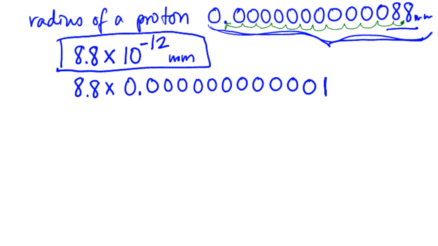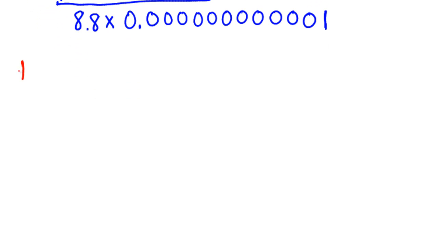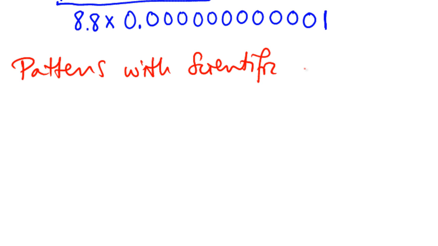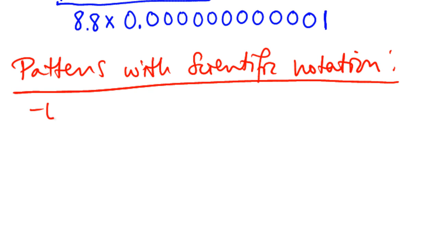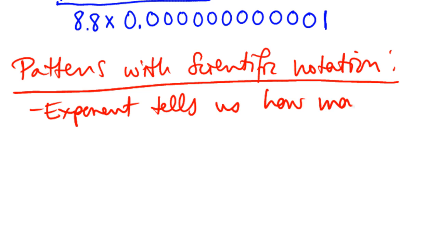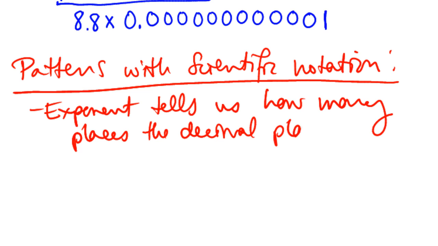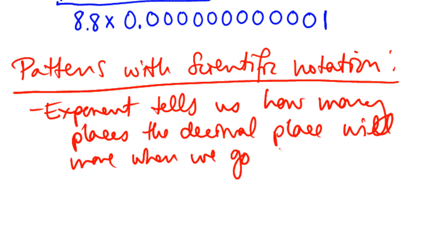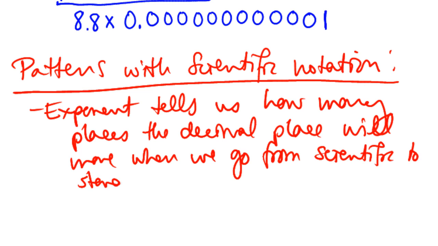Well, notice fundamentally the pattern that we see here: we notice that the exponent tells us how many places the decimal place will move when we go from scientific to standard notation, or vice versa.